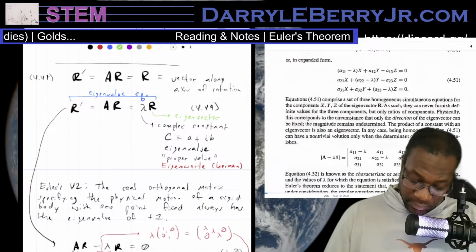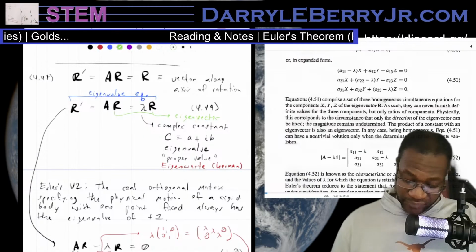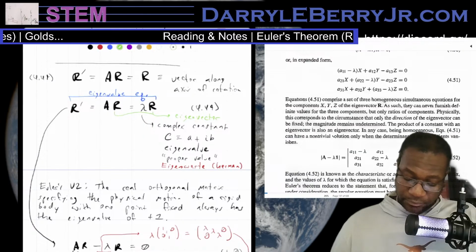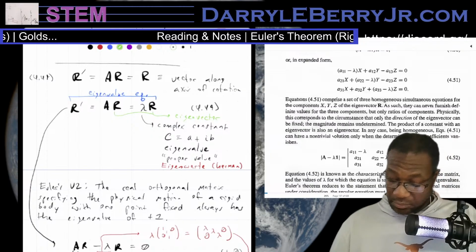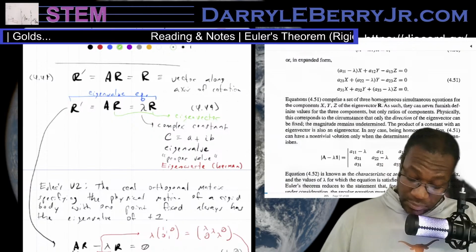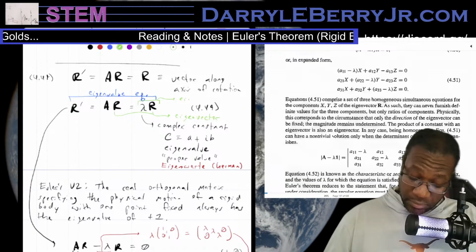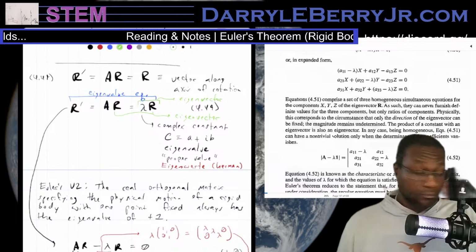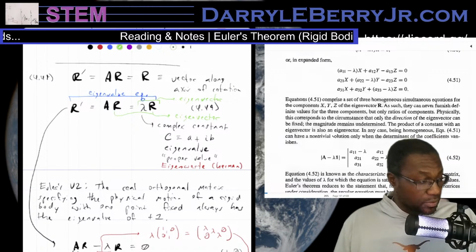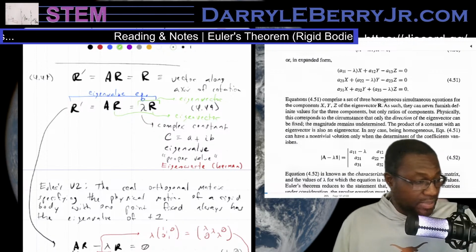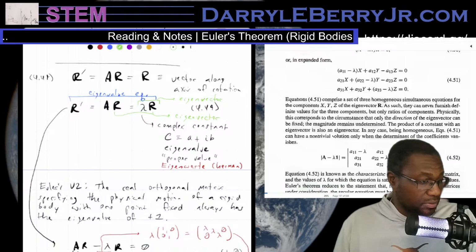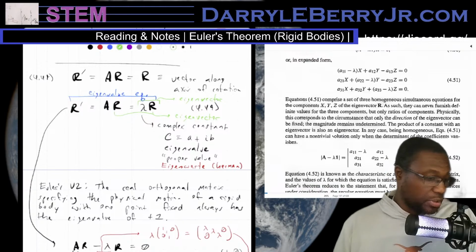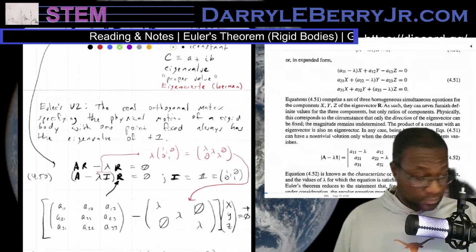So this is an eigenvector as well, the same eigenvector, and at least the product of this is also an eigenvector. So for the lambda that will keep that as an eigenvector non-trivially, being homogeneous, the determinant has to equal 0.